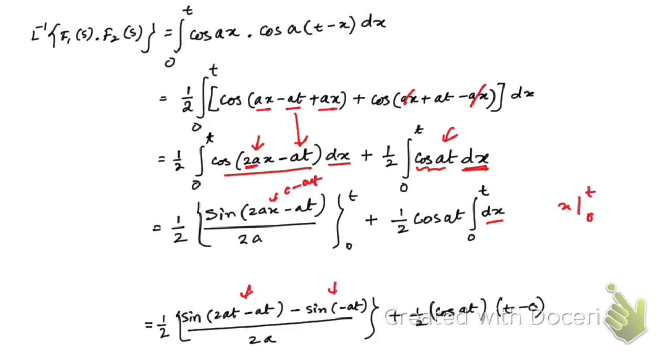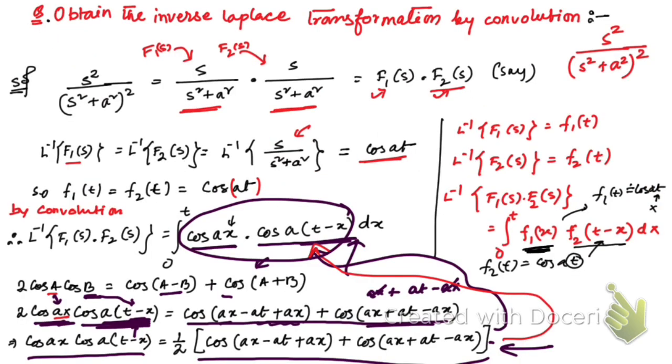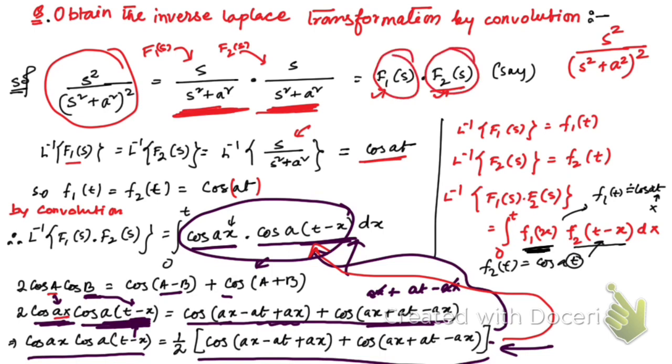T minus 0. Okay, so now this is the inverse Laplace transformation of this function. This is the product of capital F1 of s and capital F2 of s, right? If you see in the first slide, this is the function, and we have expressed it as a product of these two, which are capital F1 of s and capital F2 of s.